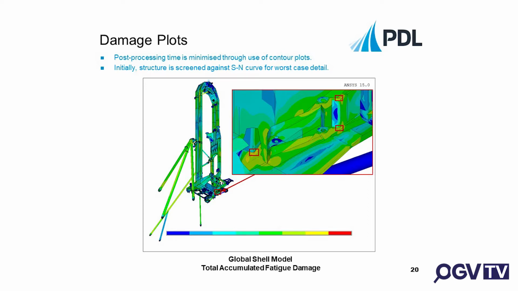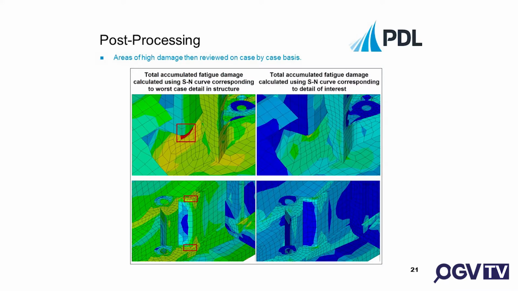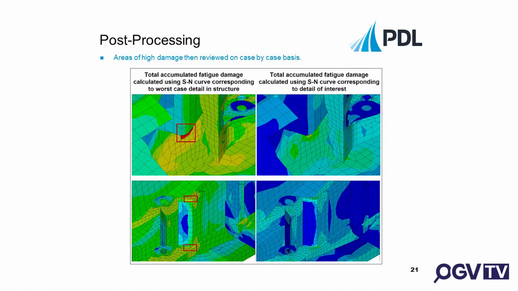Depending on that, it could be 0.1 might be your limit. These are the 2 regions we're looking at from the shell model. Zooming in, what SN curve do we actually need to consider? We've already calculated that information. We've calculated the fatigue damage for every SN curve, so we just replot it, and in this case it fits well, it passes, not a problem.